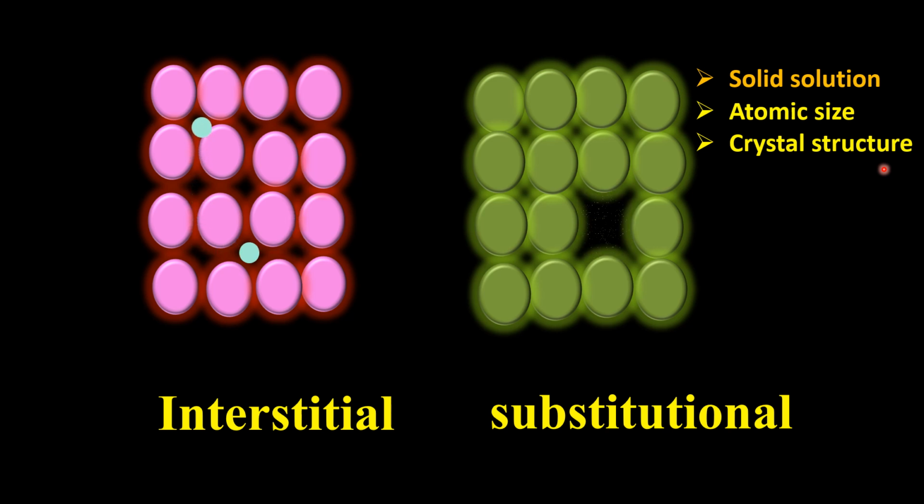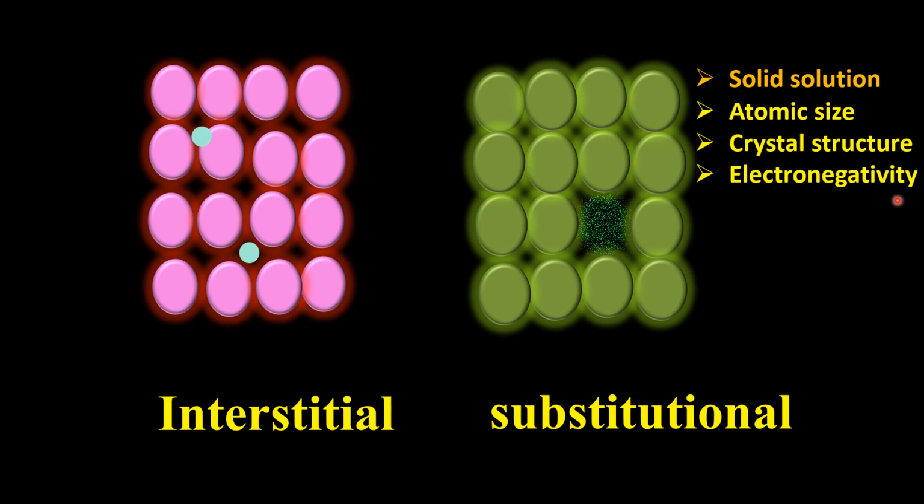So for good solid solubility, the crystal structure of both the metals must be the same. Another important feature is the value of electronegativity. The more electropositive one element and the more electronegative the other, the greater will be the solubility.